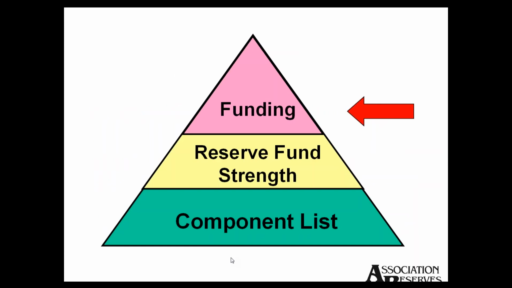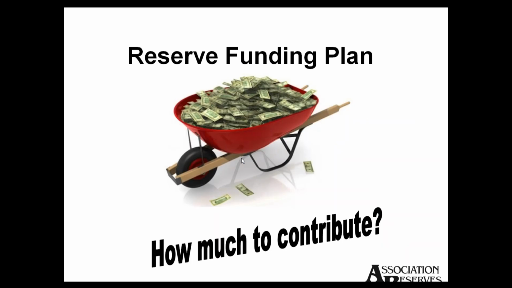Okay, so we're going to move on to the topic of how we get successfully to the future, moving to the appropriate response. What is the amount of money that we should be setting aside based on our component list and based on our starting point, where we are at this point in time? For many associations, it seems like a whole lot of money.